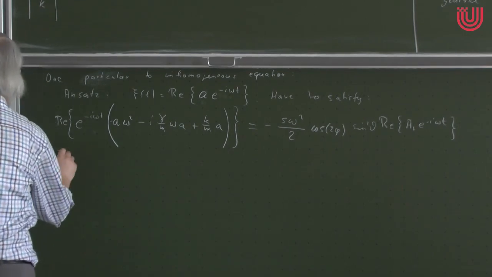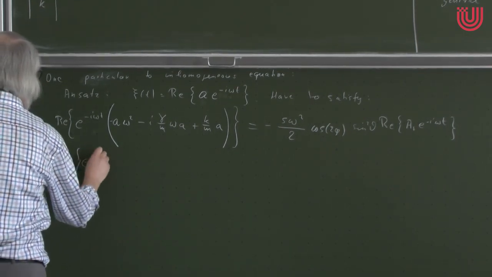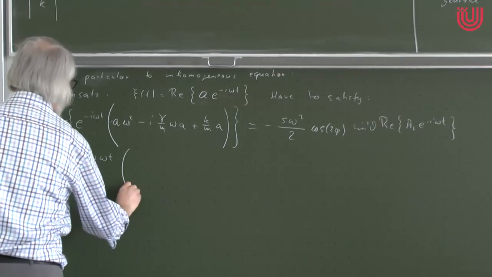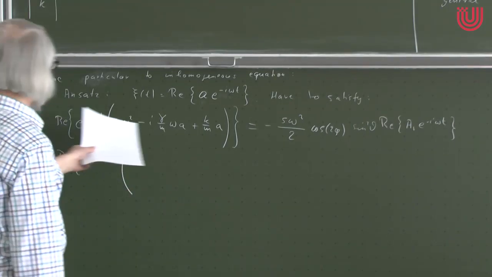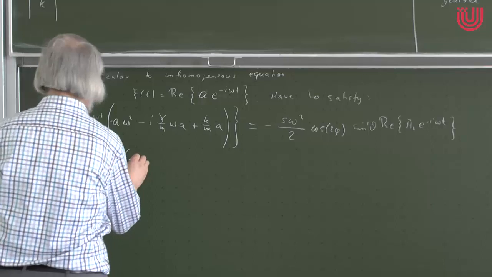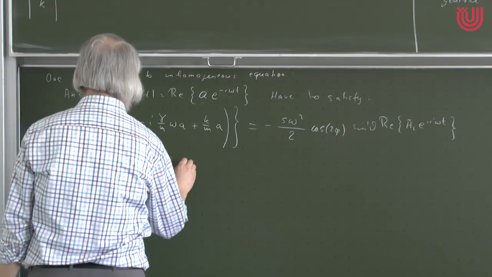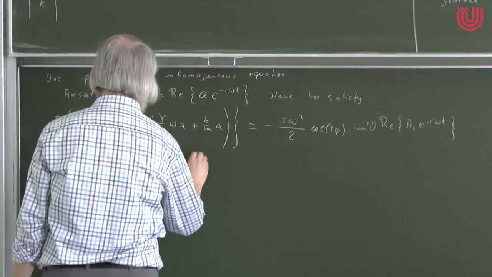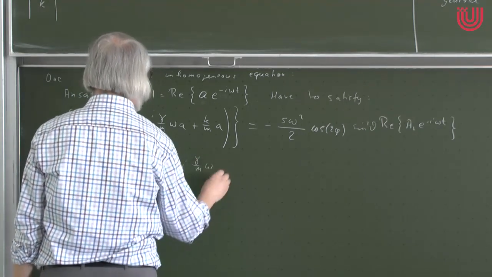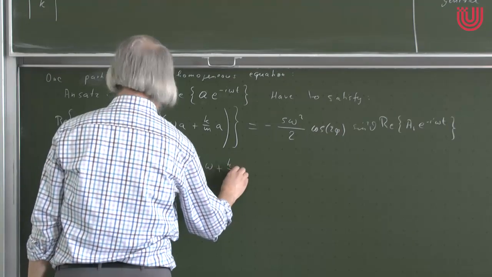So I take everything to the left-hand side. All these terms contain an A. So I have A times minus omega squared minus i gamma over m omega plus k over m.